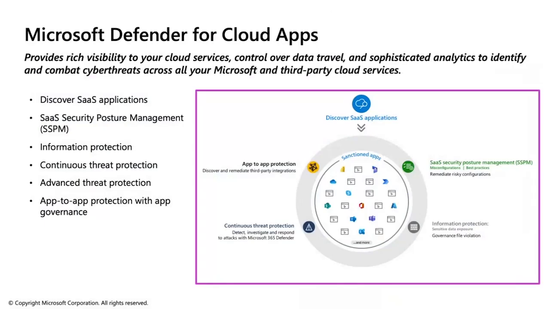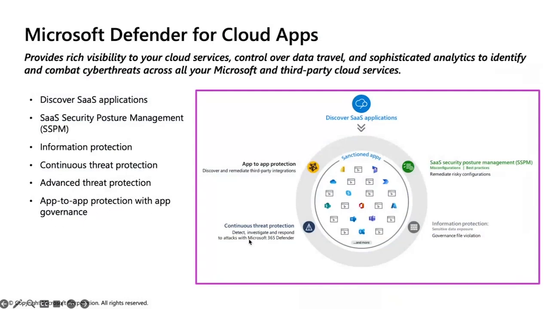So these kinds of capabilities you see. This can discover SaaS applications for protection. This provides SaaS security posture management, SSPM. Information protection is there; if malicious information is going to be exposed, we can integrate DLP in this. We have continuous threat protection and advanced threat protection options here, and app-to-app protection with app governance.